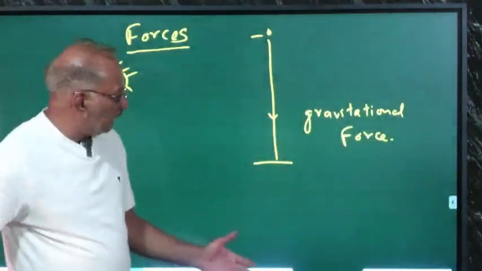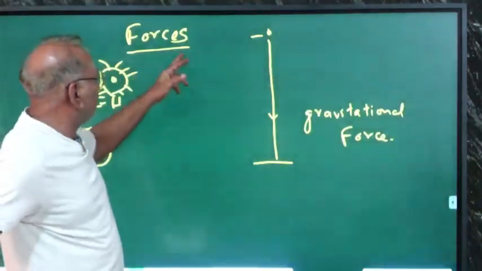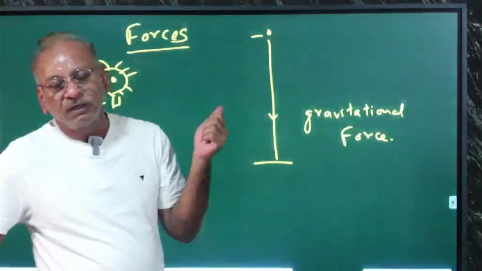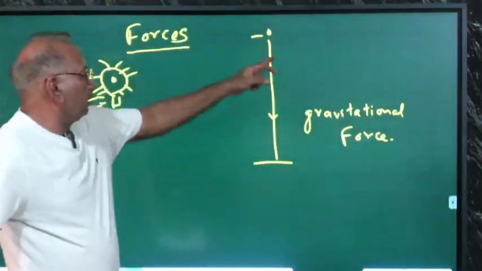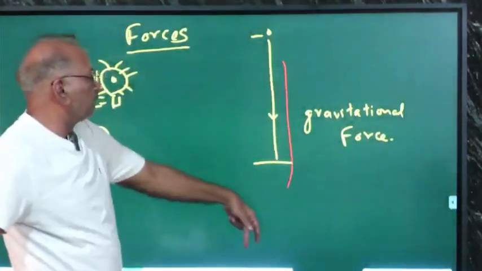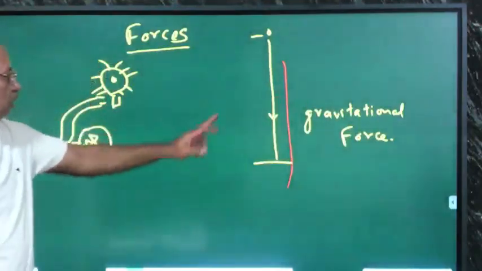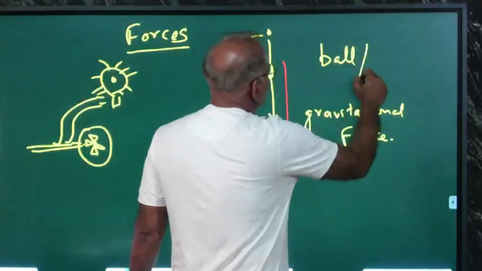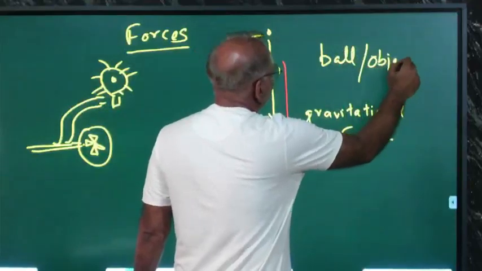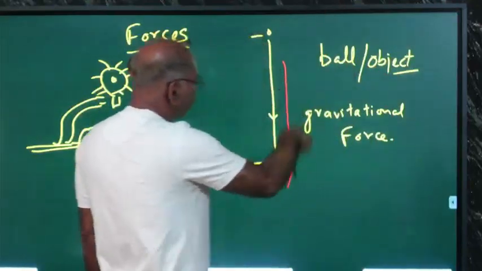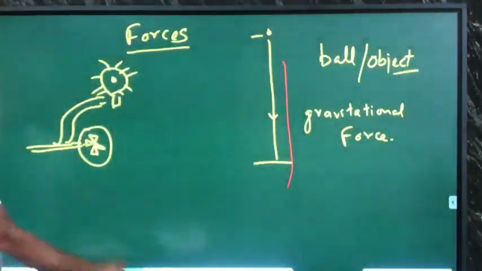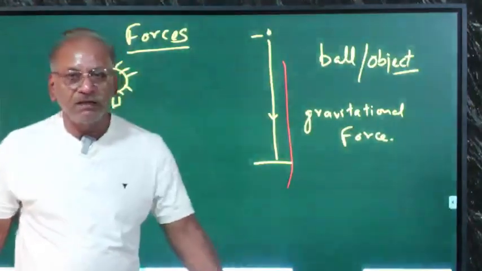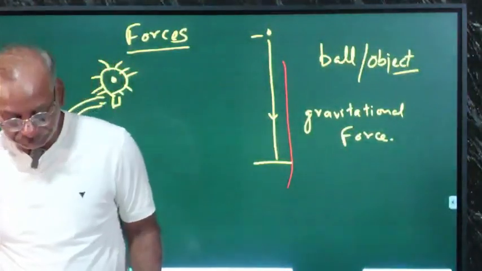Here we have seen some examples like putting a nail in the wall or in the wood, coming down of the ball, cricket ball or any ball or any object being dropped down from height to the ground, or any electrical appliances being run by the current, electricity.